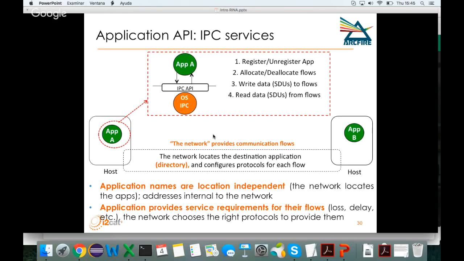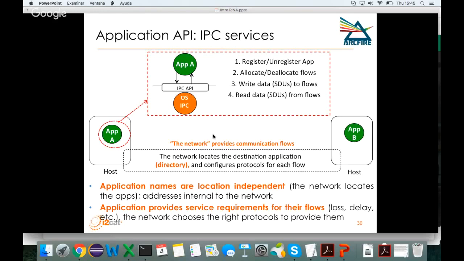So we have a need to allocate and deallocate flows, and to write data to these flows and to read data from these flows, right? This is pretty straightforward. Then what we also need are application names that are location independent. What we said before, right? You need names that don't depend on where you are attached to the network, so that the network can locate the applications and allocate the flow to the right instance of the application.